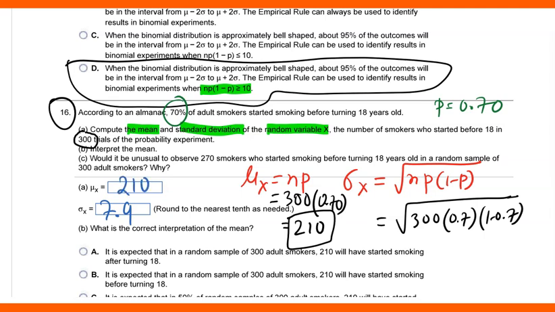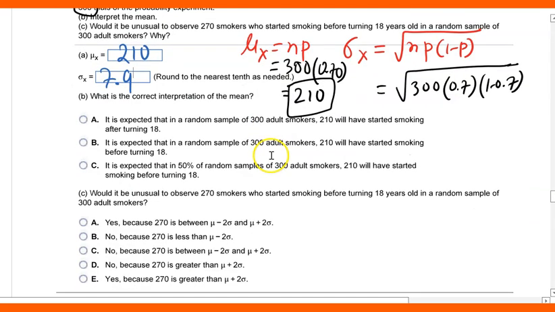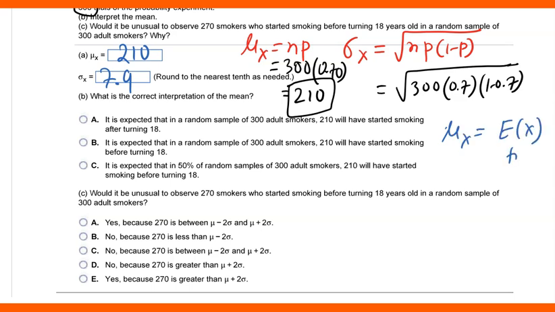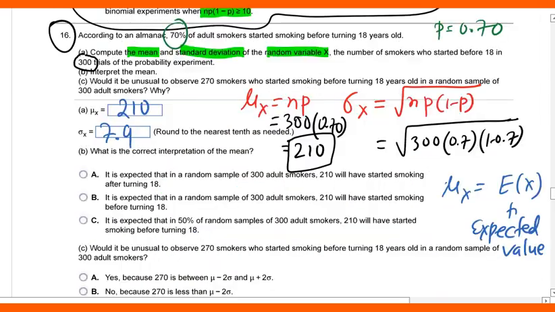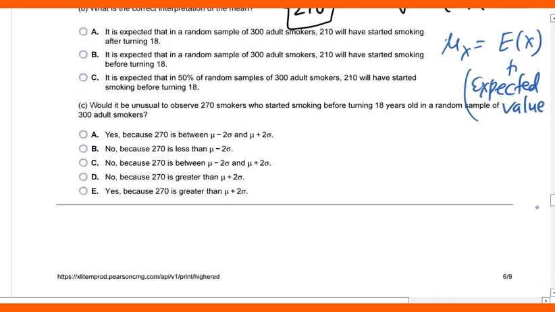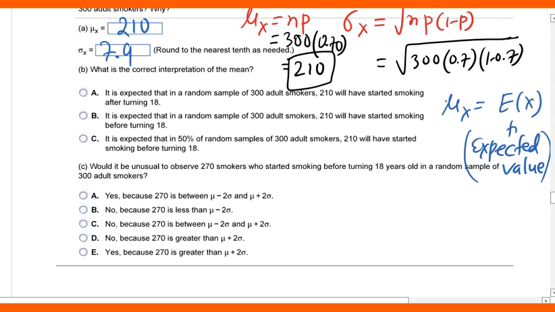Second question: what is the correct interpretation of the mean? The correct interpretation is that this is the expected value. Remember that the mean of a random variable is also called the expected value. We call mu of x also equal to the expected value, E of x. What do you mean by that?